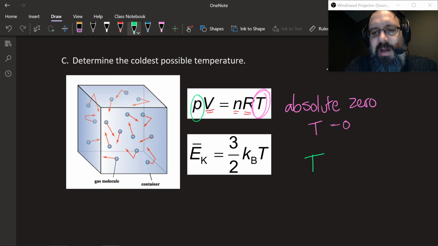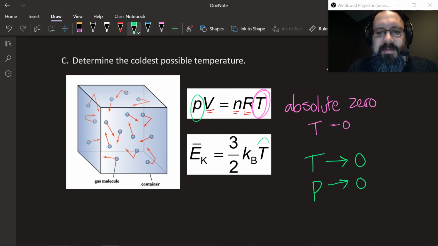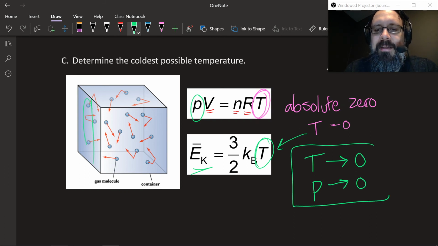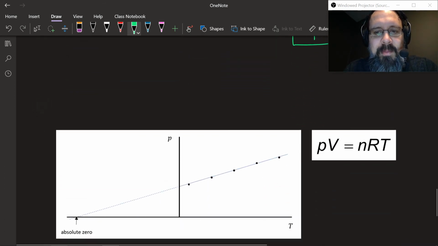So as we drop the temperature down to zero, our ideal gas equation predicts that the pressure should also go to zero. And that makes sense, right? Because if the temperature is zero, then the particles have no kinetic energy. And if they have no kinetic energy, then they're not going to be banging into the walls of the container, exerting a pressure any longer. So it makes sense that the temperature going to zero would make the pressure also go to zero.